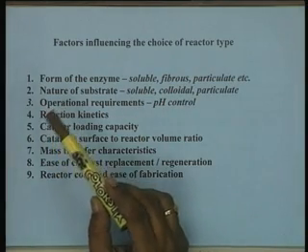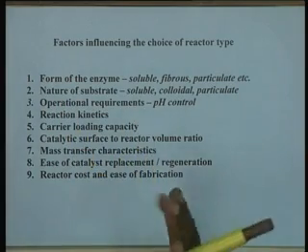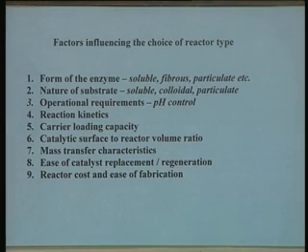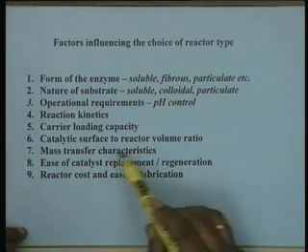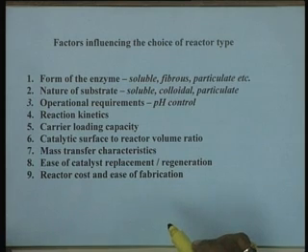The most important ones are listed here, like form of the enzyme, that is the soluble, fibrous or particulate, the nature of the substrate, whether it is soluble, particulate or colloidal, operational requirement, the control of pH in case an acid is produced or consumed in the reaction, reaction kinetics, the carrier loading capacity, catalytic surface to reactor volume ratio, mass transfer characteristics, ease of catalyst replacement and regeneration, reactor cost and ease of fabrication.